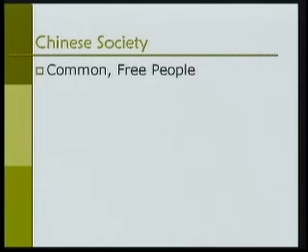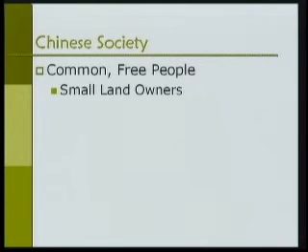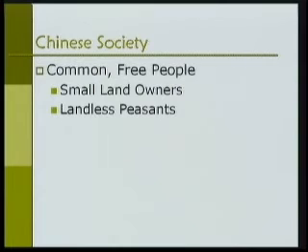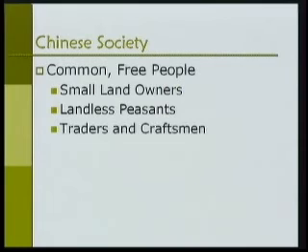Okay, common people and free people, a lot of them in China. Most of them were small landlords, and some of them were landless peasants. Most of them engage in agricultural activity. Also, they would be traders and craftsmen. Now, keep this order in mind.